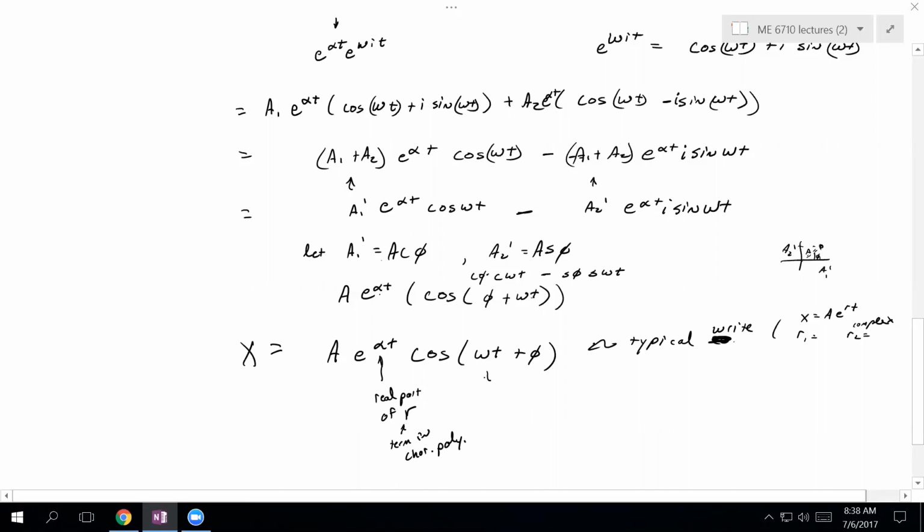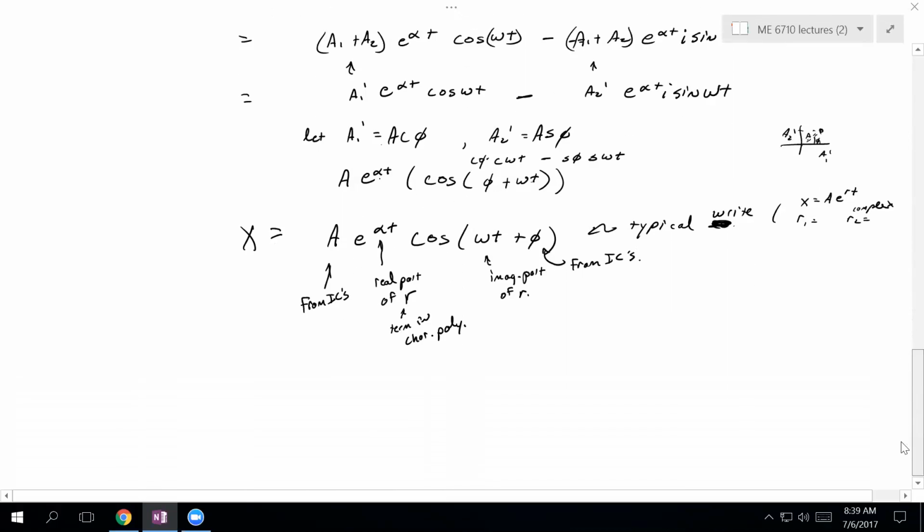Omega was the imaginary part of R. A comes from the initial conditions, and phi comes from the initial conditions. So we've got two initial conditions, and we get two of these terms. And when I look at this guy one more time, notice that A gives me my amplitude of my response.